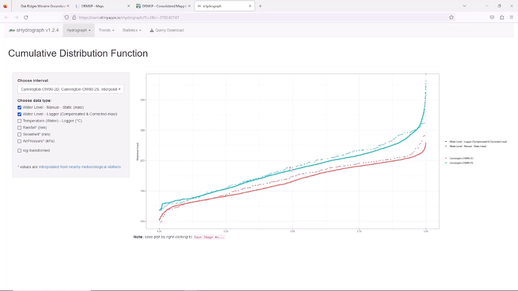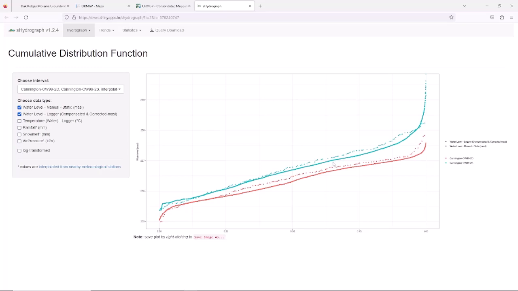The blue points above it are the manual or static measurements, and the same in red for the deeper location. What's interesting here is if we look at the halfway mark, or the 0.5 or 50% for the shallow, this shows that at a water level of about 256.5-ish, above that value are half the measurements, and below that are half the measurements.